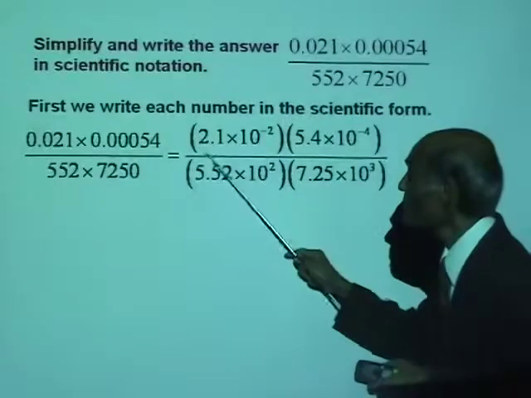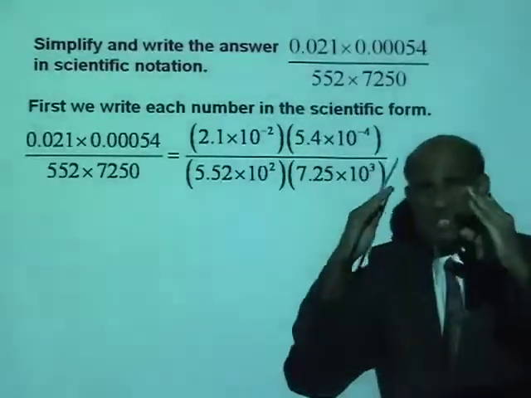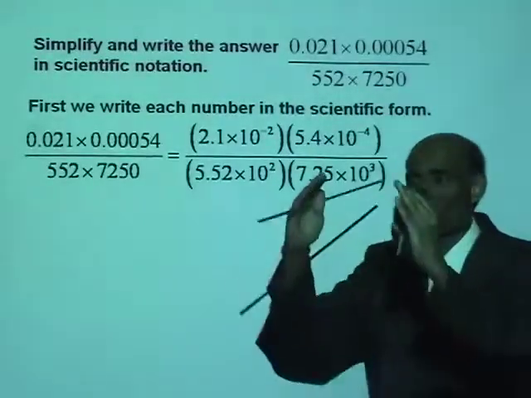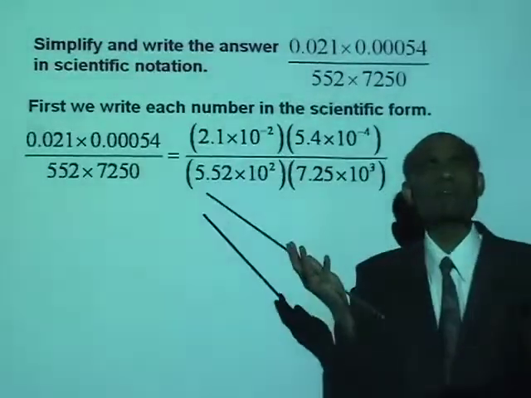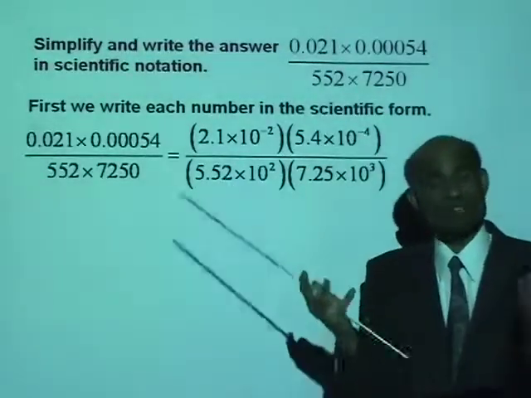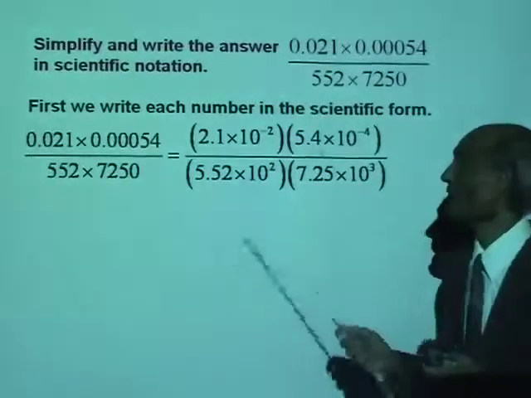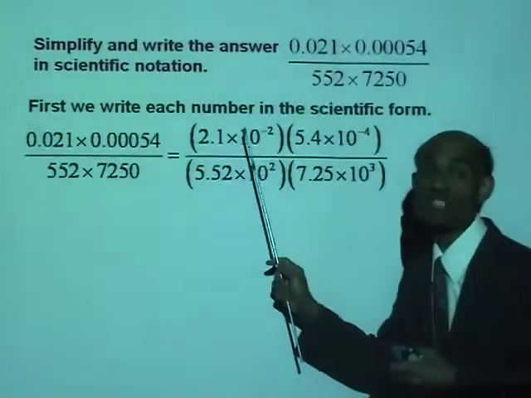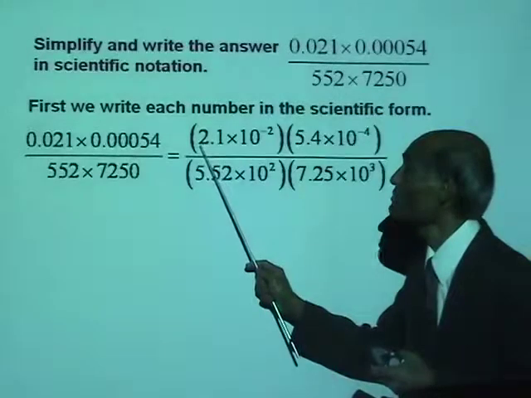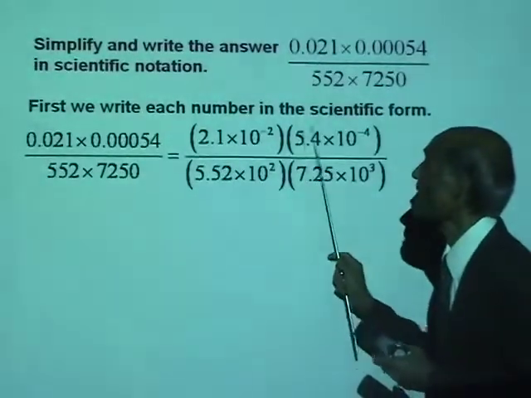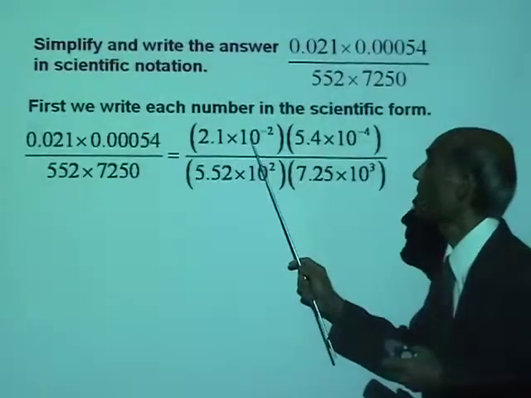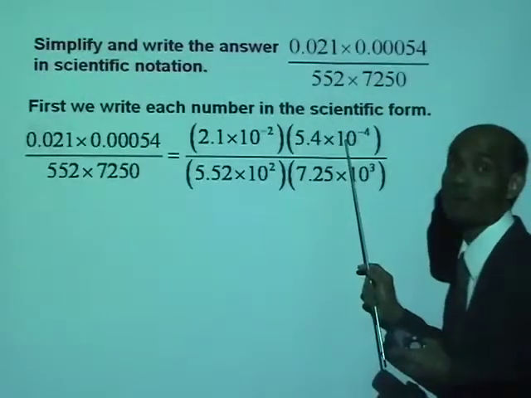Now remember, these parentheses are just to indicate and represent each number. These parentheses really don't have any meaning. Alright, so you can actually remove them. And now what do we do? Use the associative property to write this as 2.1 multiplied by 5.4 and then multiply the powers of 10.